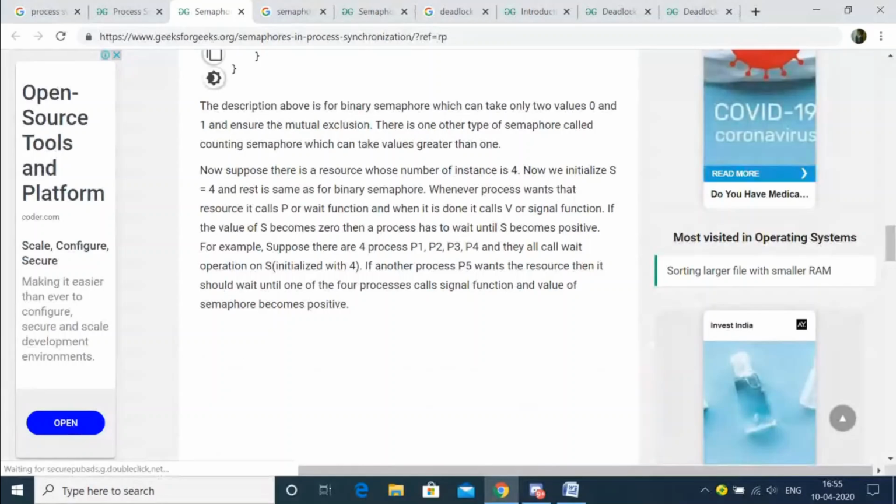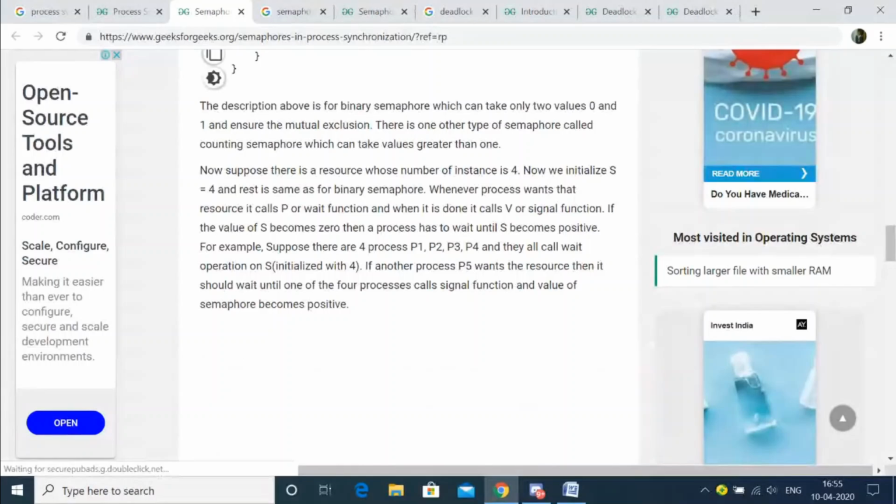So that has become hold and wait. Then no preemption. That means a resource cannot be taken from a process until the process has itself released the resource. The resource doesn't have the power to come out of a process. The process has to release it. So that resource will remain unavailable until the process wishes to release it. This is also one of the dangerous conditions for a deadlock to occur.